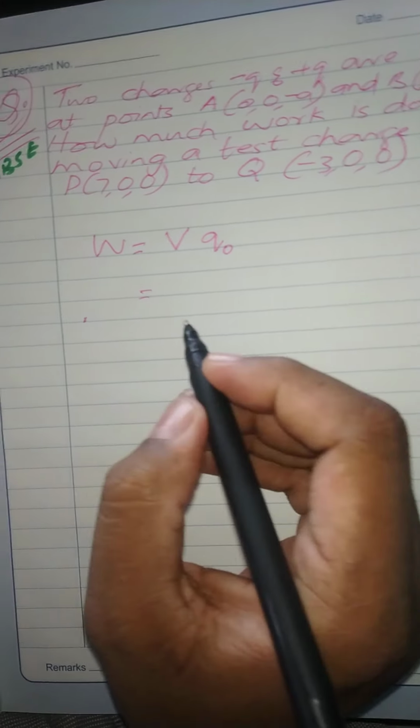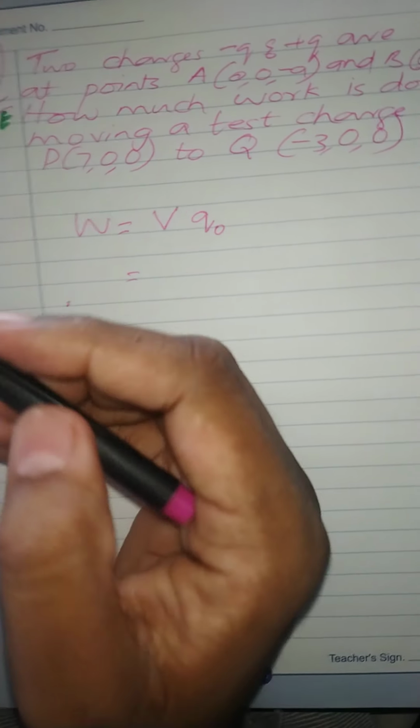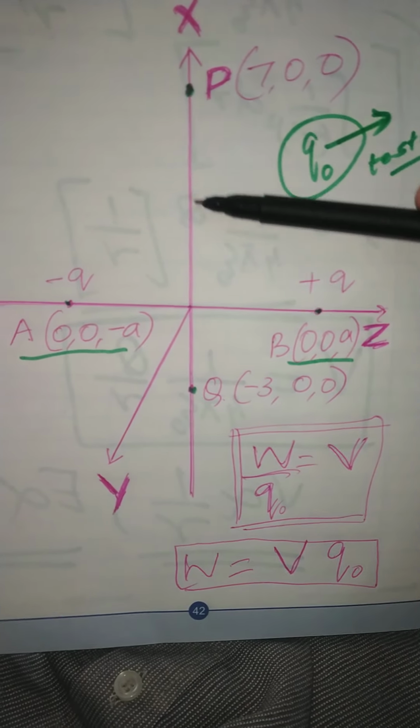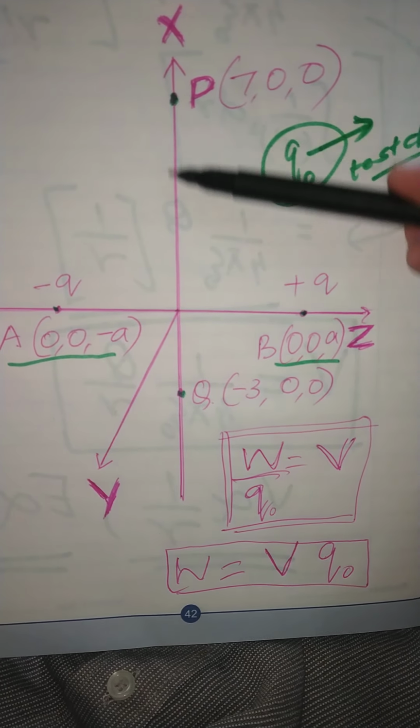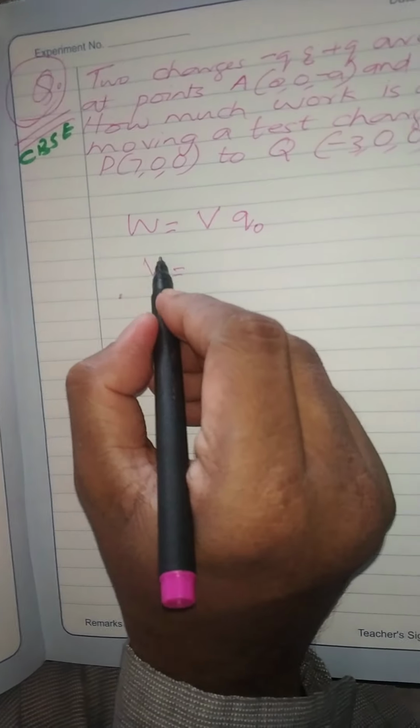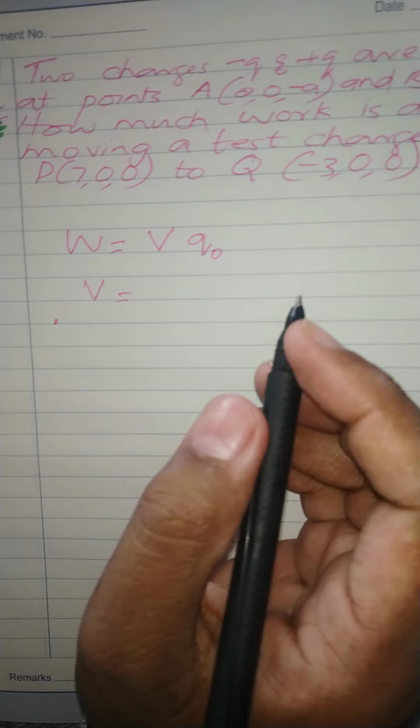So what is the potential difference? Potential difference is actually along this x-axis. Have you noticed that? What is the expression for potential yesterday that I gave you for any charge Q?